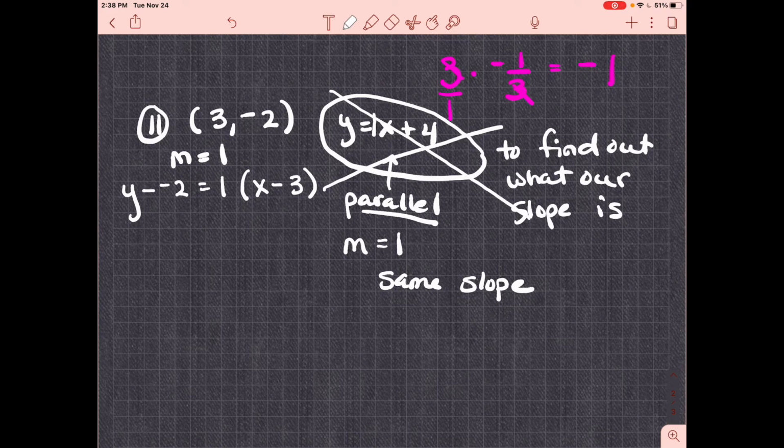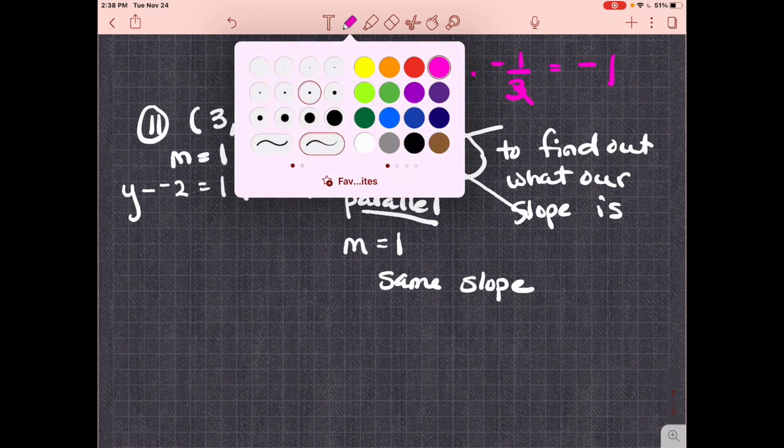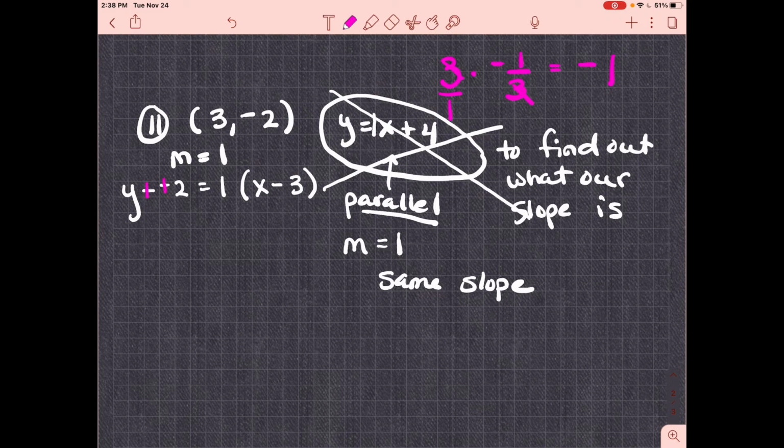Then you just have to look and see if it says slope-intercept form, because this happens to be point-slope form. Not a problem. Notice that we have minus a negative, so I'm going to have y plus 2 equals 1 times all of this. The distributive property is super easy.